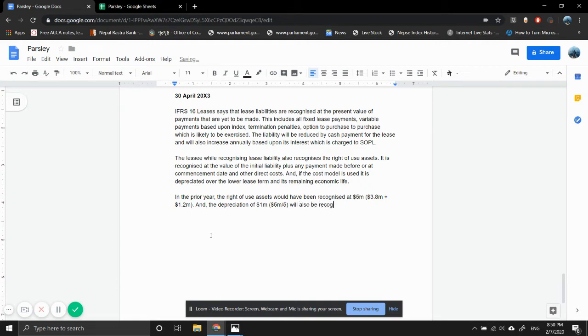So at the year end, the carrying amount of the right of use asset will be $4 million.